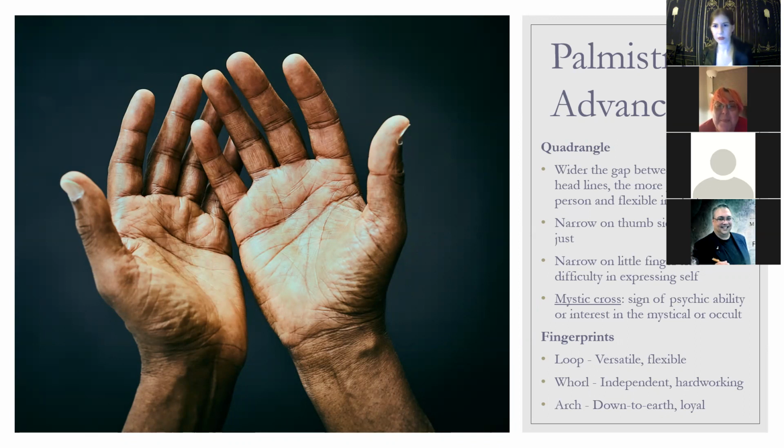They're more flexible in ideas, more sociable, and more confident. The narrower, the less so. However, if it's more narrow on the thumb side, a person is more well-liked or just. Whereas if it's more narrow on the little finger side, there is a difficulty in expressing the self.